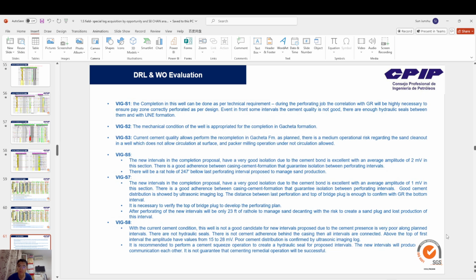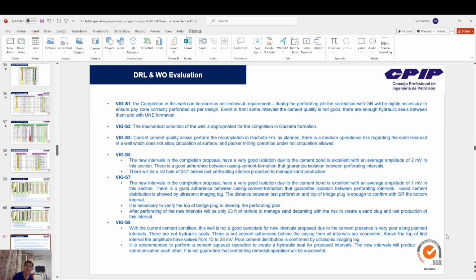S5. The new interval in the completion proposal has a very good isolation due to the cement bond is excellent with an average amplitude of 2 MV.